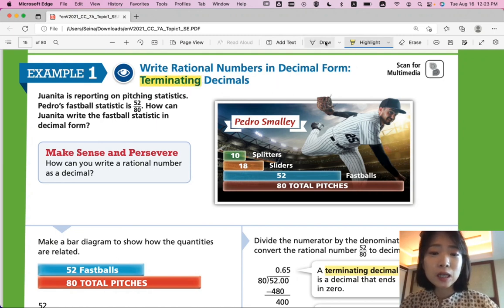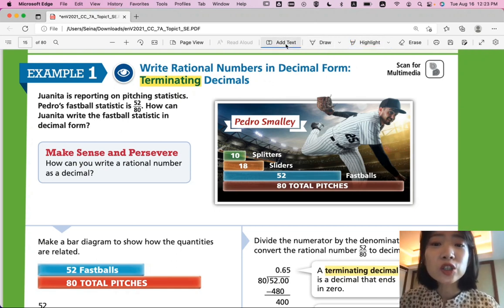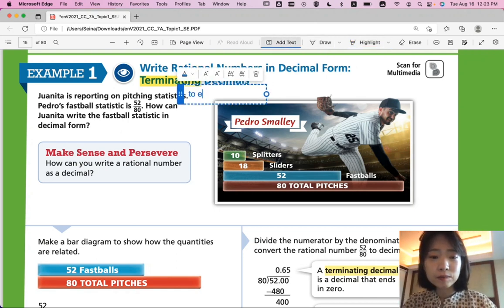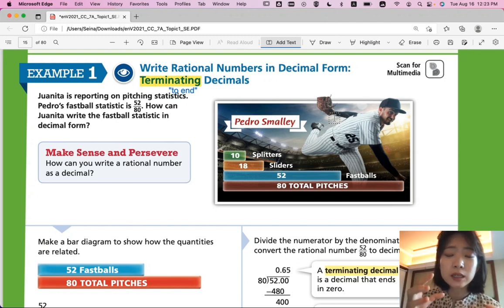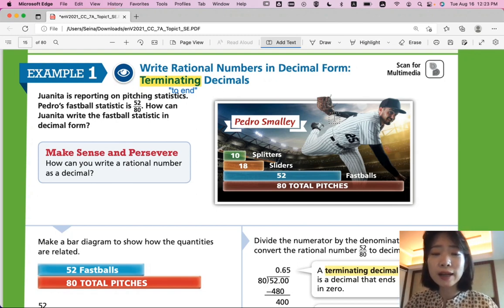You might think of repeating decimals, but terminating is not repeating. Terminating means to end. So it means decimals that have an ending, an exact solution that ends at some point.